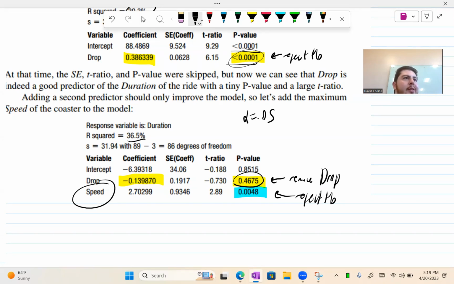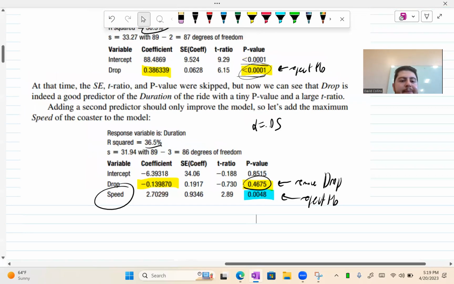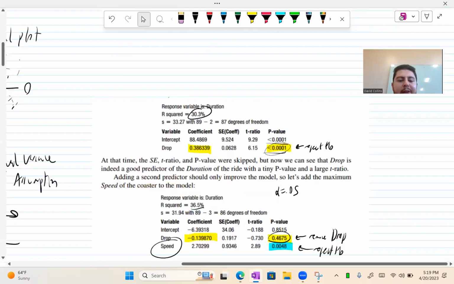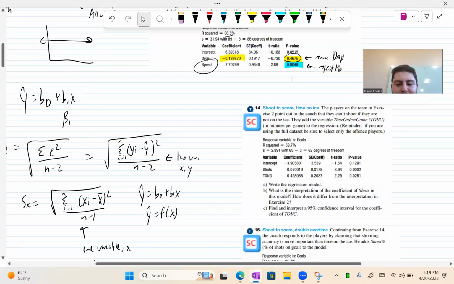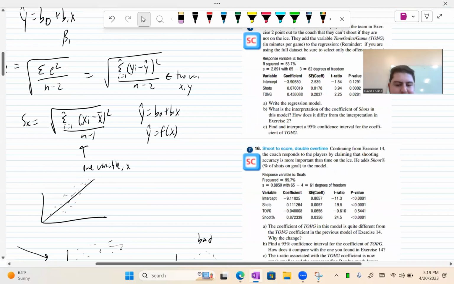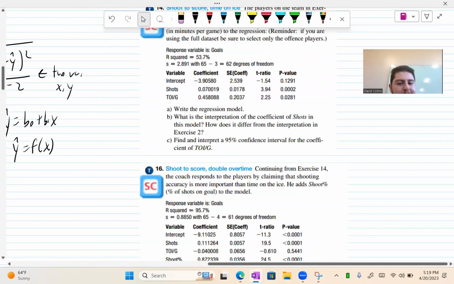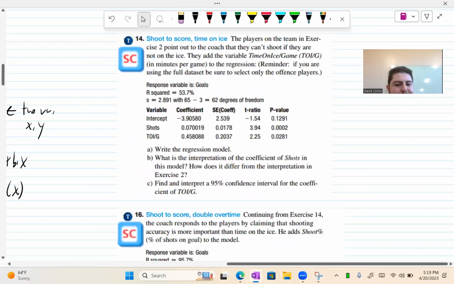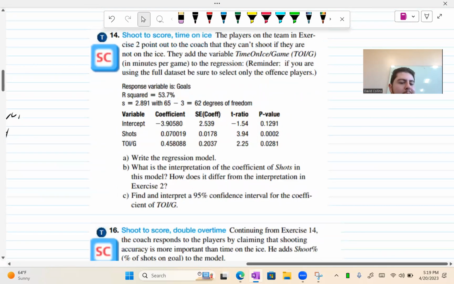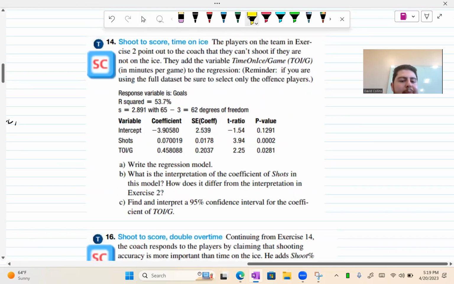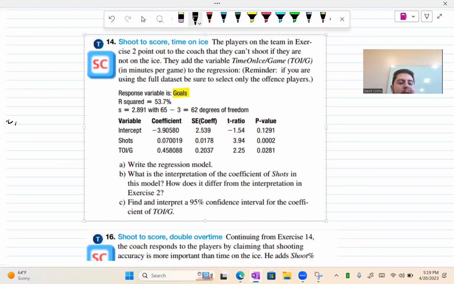Any other questions on these examples? I think I have one more. We start with two variables, for hockey goals. Shots is the number of shots on goal, and TOIG is time on ice.